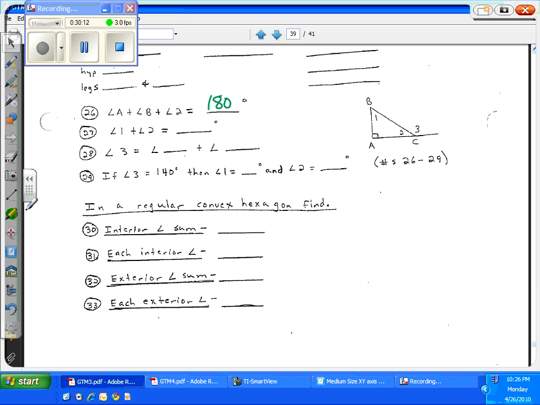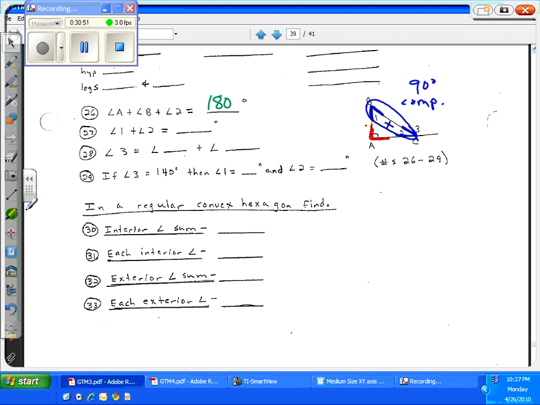Angle 1 plus angle 2. Angle 1 and angle 2 are the acute angles of a right triangle. We learned from a corollary to the theorem about the sum of the angles of a triangle being 180 that the acute angles of a right triangle are complementary, meaning that the sum of their measures is 90 degrees.